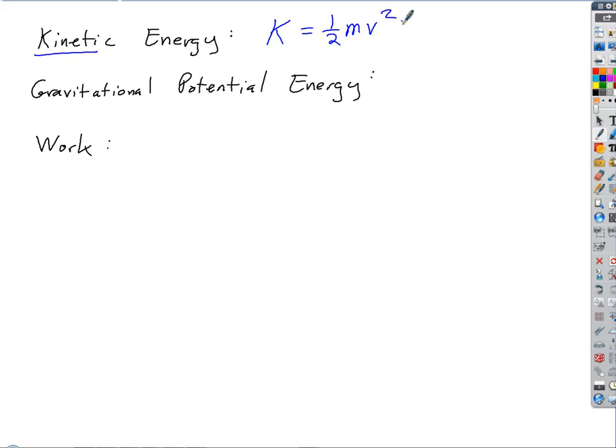But what do you notice about that v? It's squared. It's lowercase. It's not a vector. So it's independent of direction, right? It's 1/2 m v squared, where v stands for speed, right? It only has to do with the mass and the speed of an object, right?